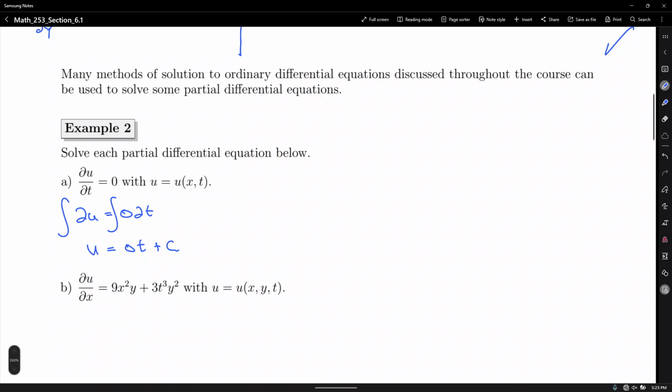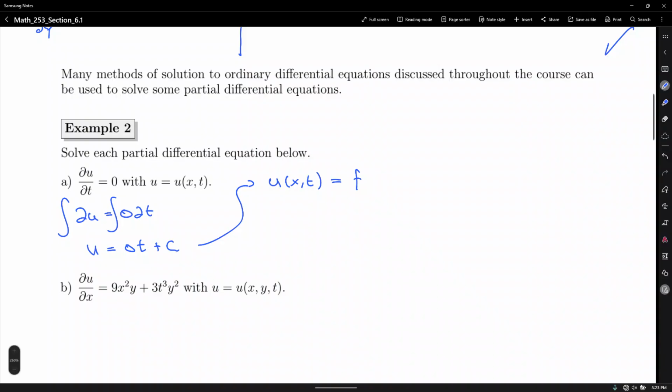But in this case, now that we are done with the solution to the PDE, let's call this our u, u of x, t. And 0 times t, that's simply 0. So that's actually some c. But that c instead is a function of the variable we didn't integrate with respect to.